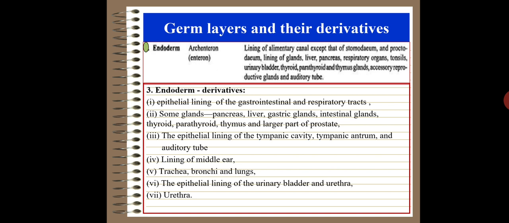The epithelial lining of the tympanic cavity and tympanic antrum, lining of the middle ear, trachea, bronchi of the lungs, the epithelial lining of the urinary bladder and urethra, and formation of the urinary bladder. So these are some of the derivatives through endoderm.